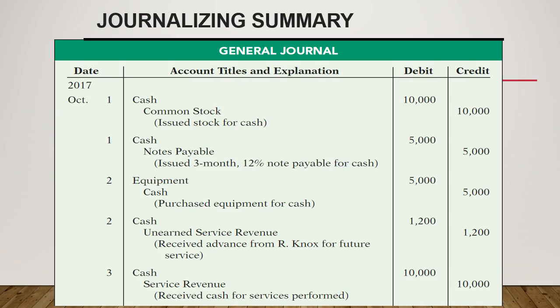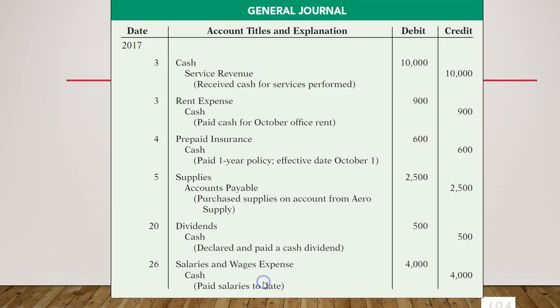All of these transactions shown here, you're going to post to the appropriate ledger account. Each account title has its own separate ledger account. You only post cash transactions into the cash ledger account.